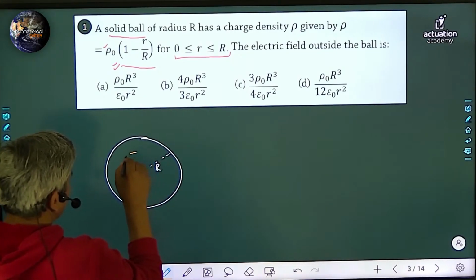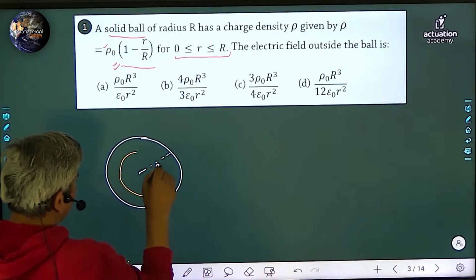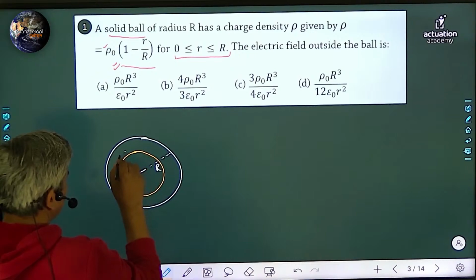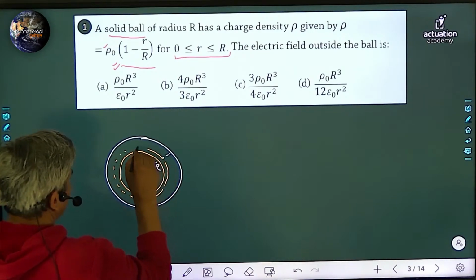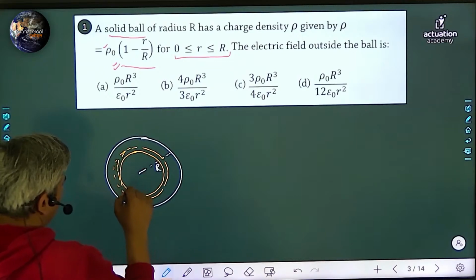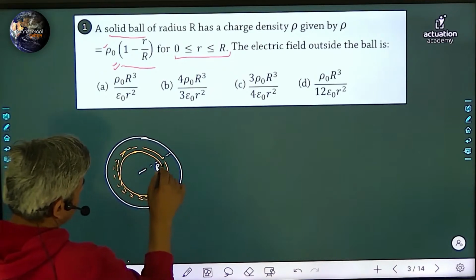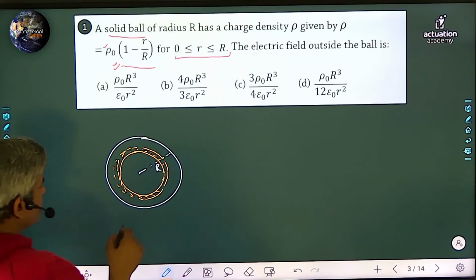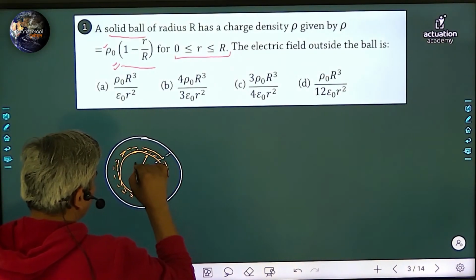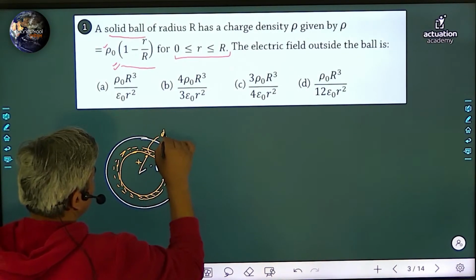Let's assume a shell of radius x and thickness dx to calculate the total charge inside this solid ball. Okay, so let's say this radius is x and this thickness is dx.